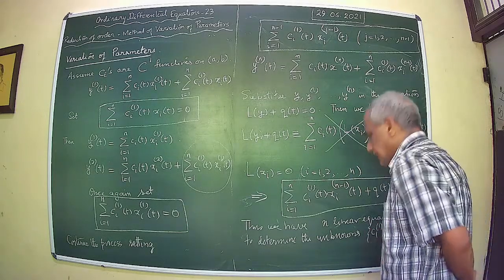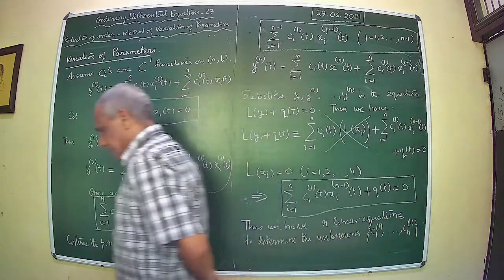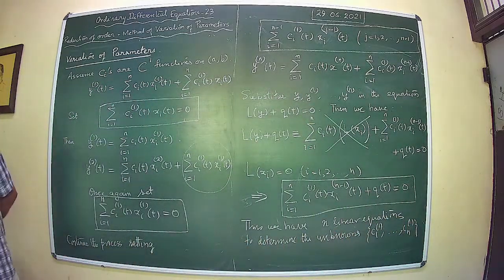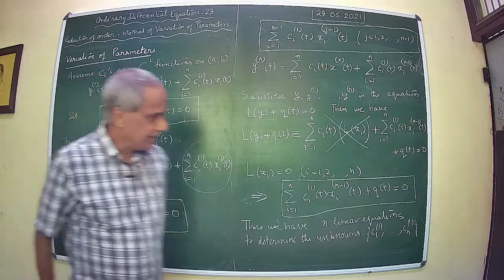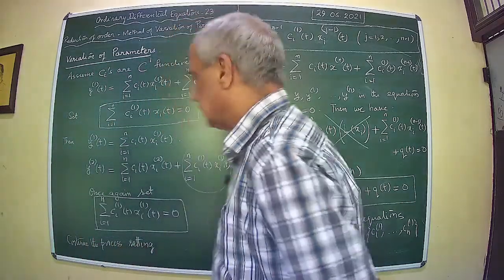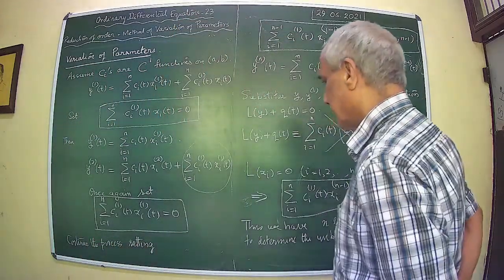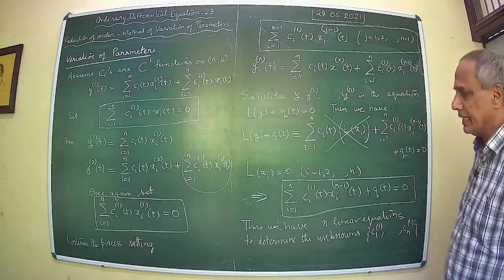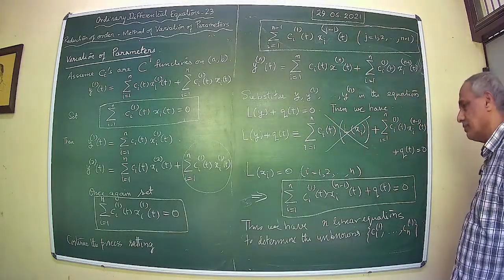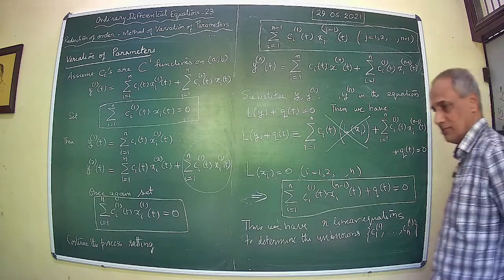See, we are just one step short of the solution, because what we eventually determine is the derivatives of C1, C2, etc., Cn, from which by integration we can determine C1, C2, etc., Cn. Okay.